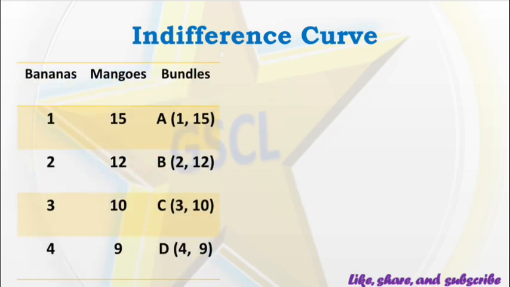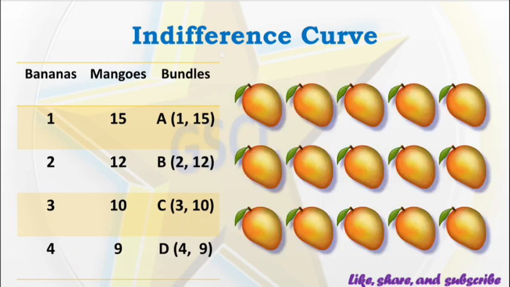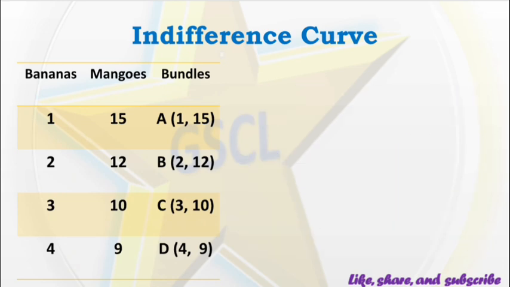Notice over here, the consumer has the choice of choosing between bananas and mangoes. At the beginning, the consumer prefers more of mangoes than bananas. That is, only one banana is preferred and 15 mangoes are demanded by him or her.